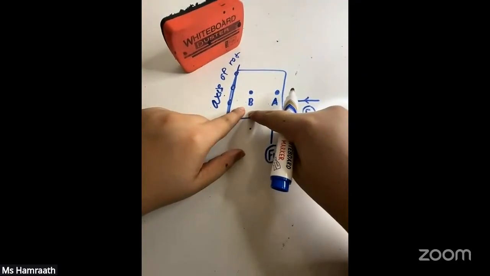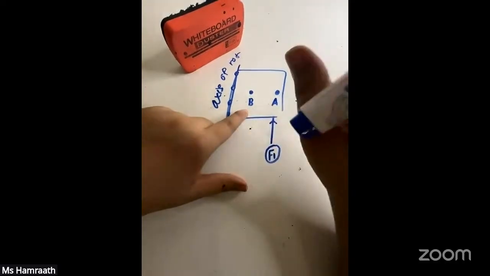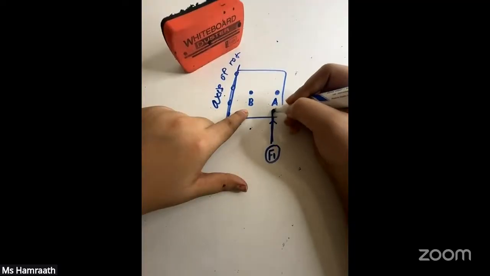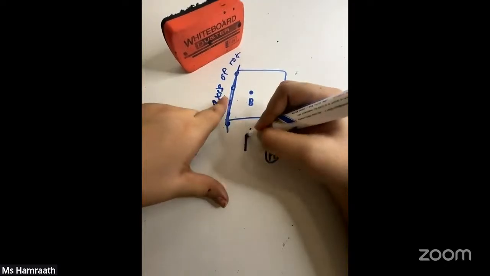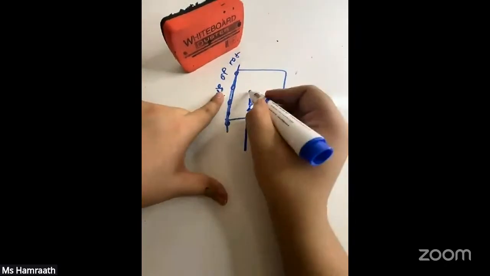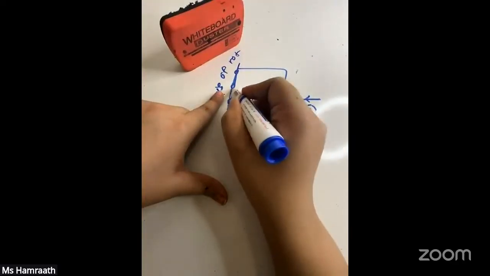Can you remember, if you are giving a force from this particular direction, the gap from the place where you give the force to the axis of rotation is the perpendicular distance.